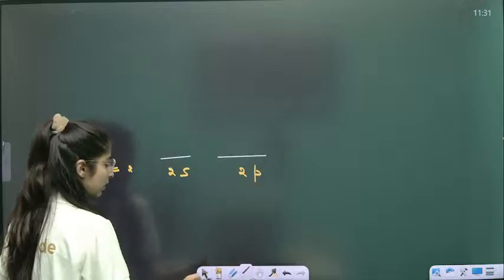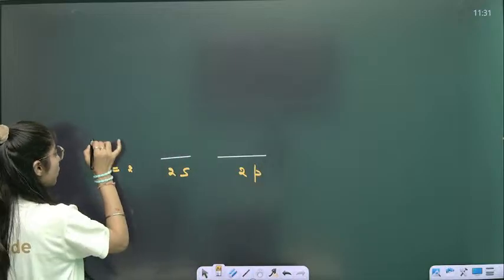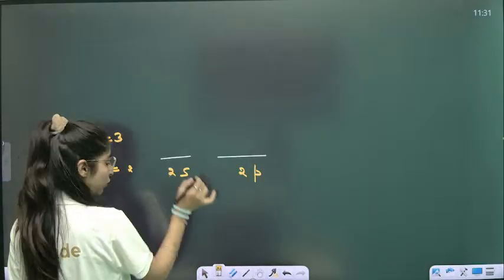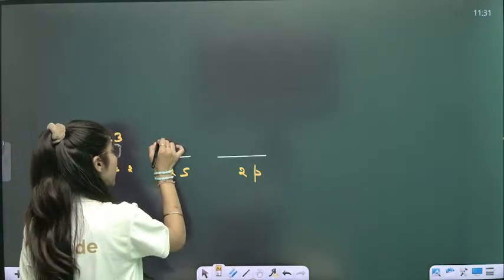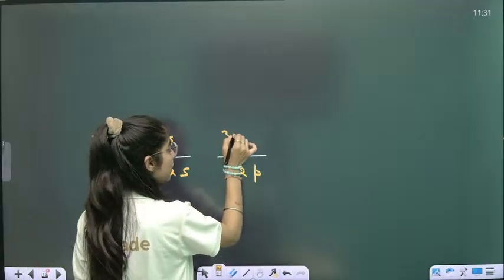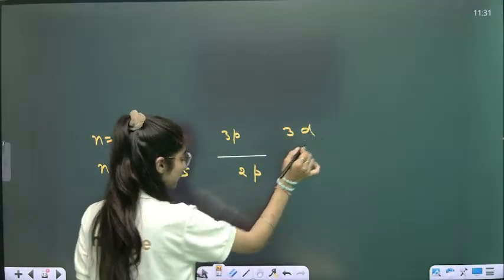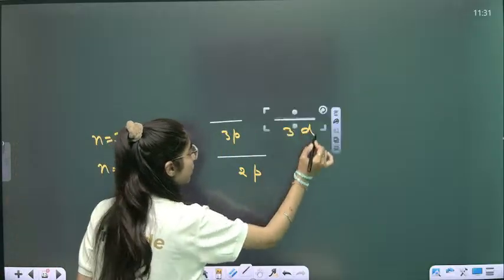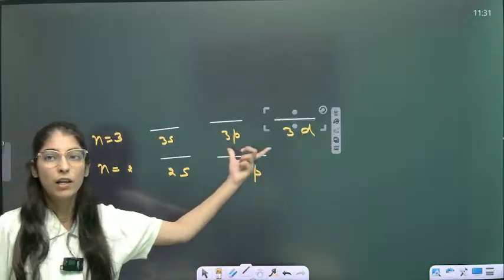It's like this. If n is equal to 3, you are saying 3s exists, 3p exists and 3d exists, right? So for these three subshells, we have the same value of energy.